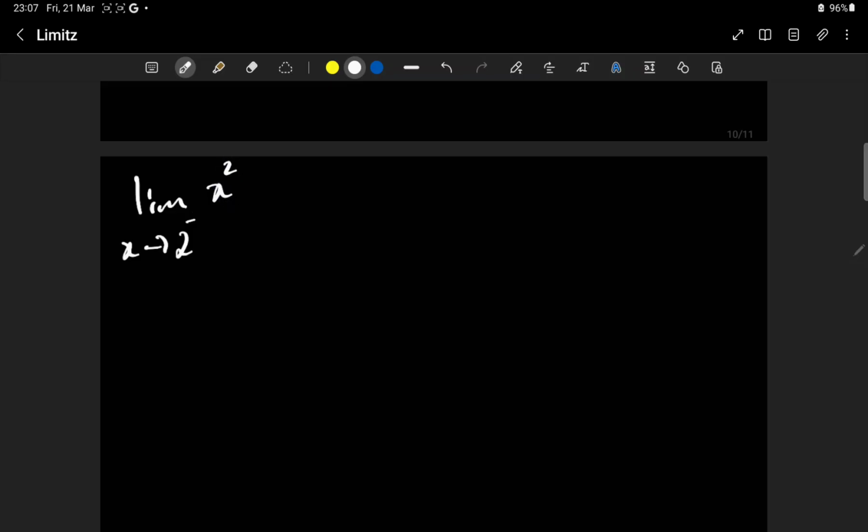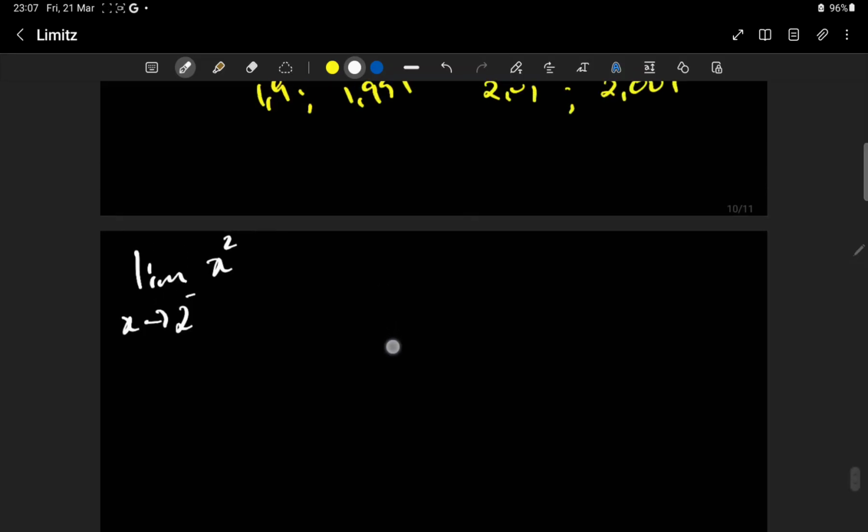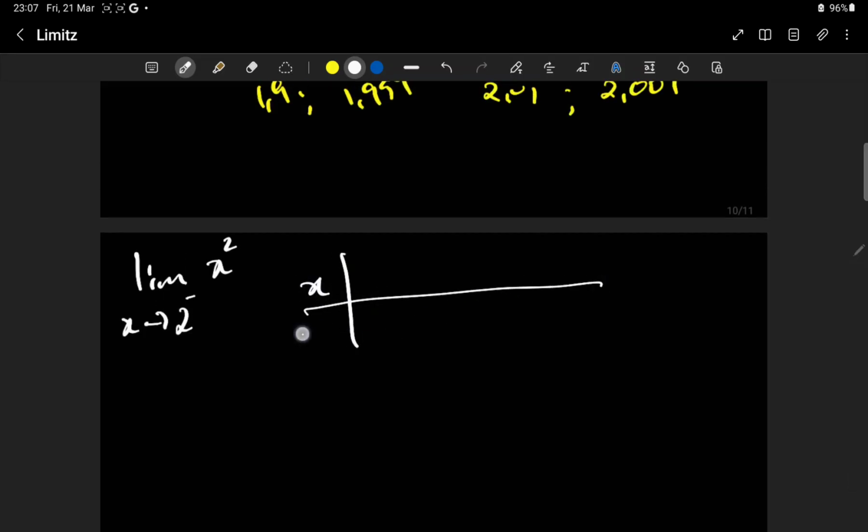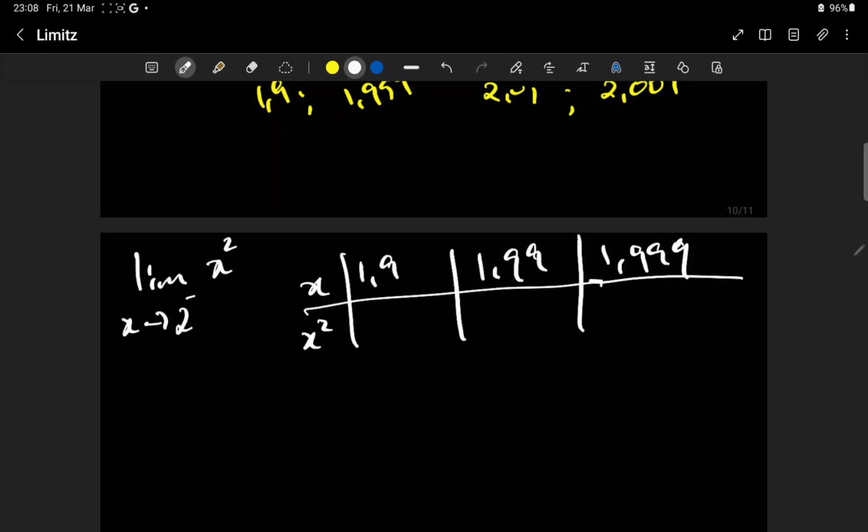So if we do this, what we mean is that we're picking numbers closer to 2 but from the left of 2. So maybe it can be 1.9, it can be 1.99 or 1.999 if you're using this as your progression.